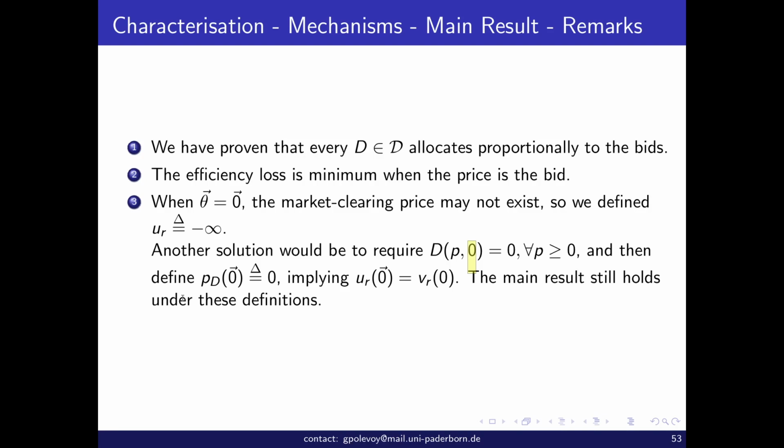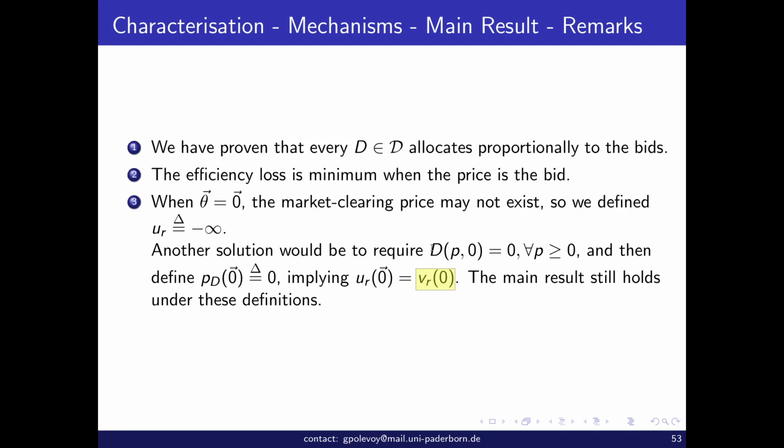Then the price, which fits when everyone bids 0, is something not defined by the equation, but we will define it to be 0. And that will imply that the utility of anyone, when everyone bids 0, is simply the value of what you get, and everyone gets 0, minus what you pay. What do you pay here?